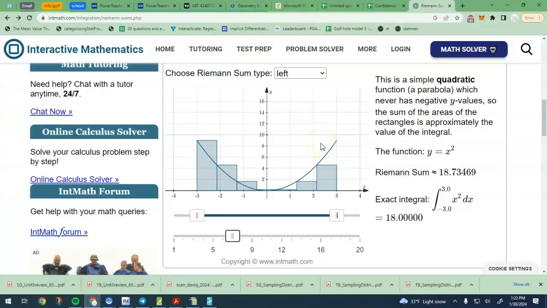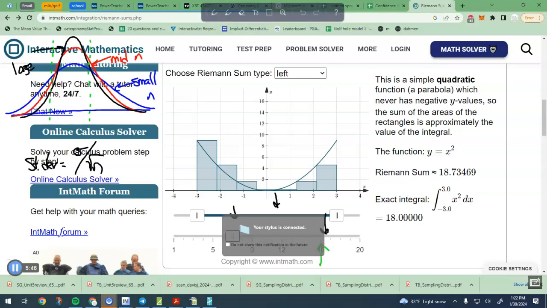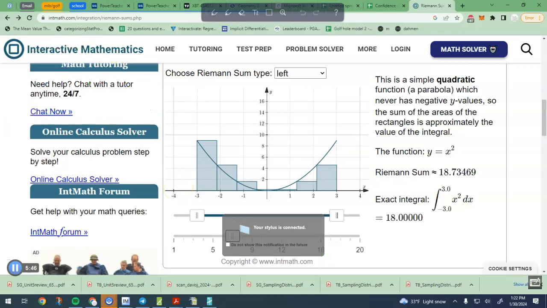So this website is a pretty good demonstration of it. So I want to talk about a couple things on here, what they mean, and then change some things and show you how it works. So this is how it's written. What this is demonstrating is the area under the curve.